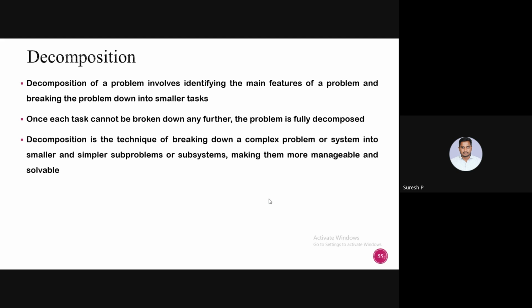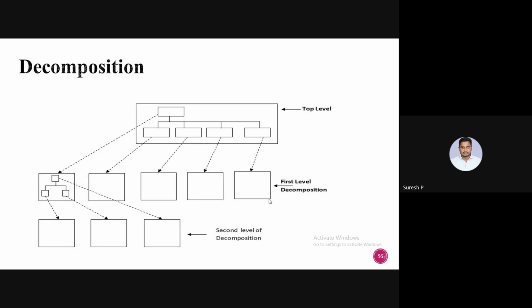So now every smaller task can be identified as a subsystem of that particular application, and every smaller task can be identified as a subproblem of that application, so that we can easily manage and solve those subproblems. In order to solve the problems easily and manage the subproblems easily, we are doing the decomposition.